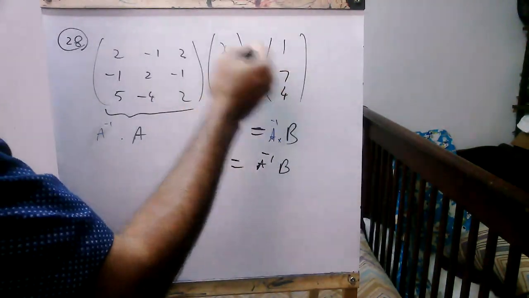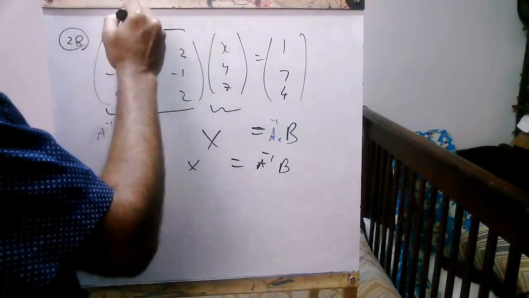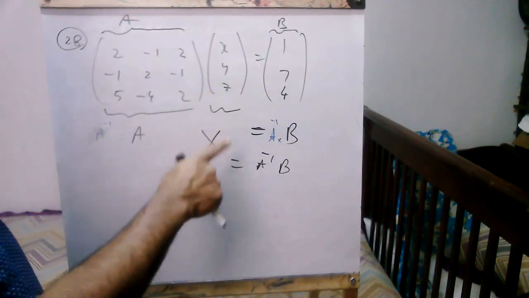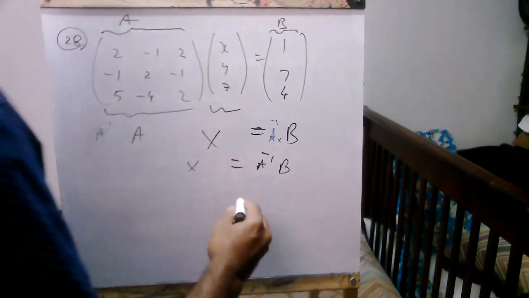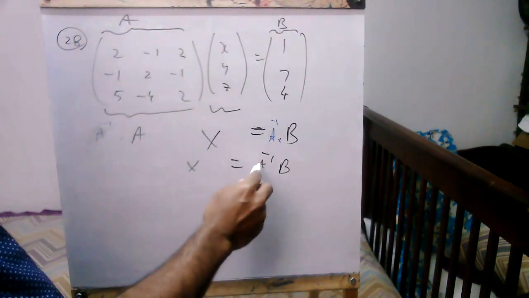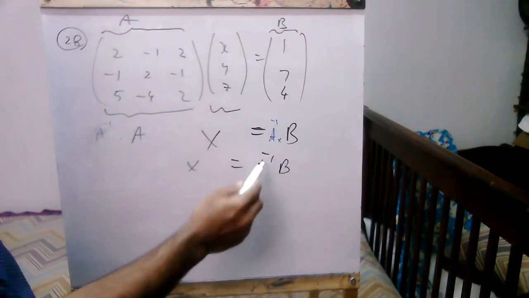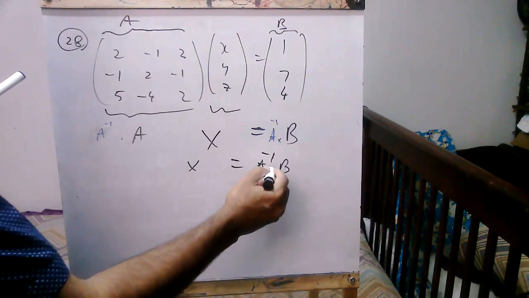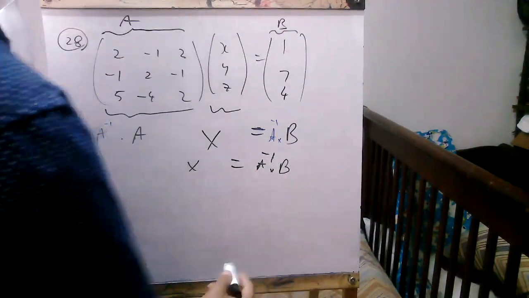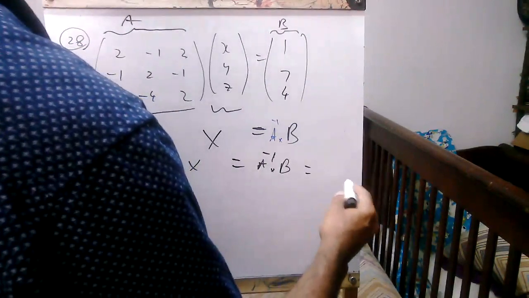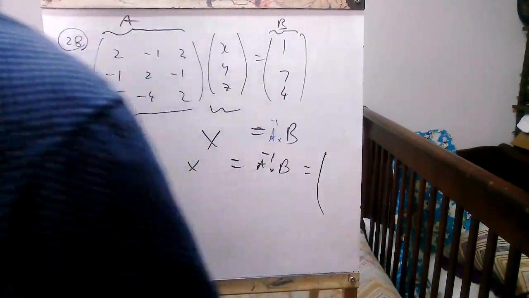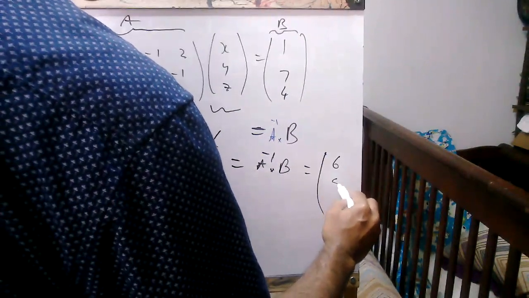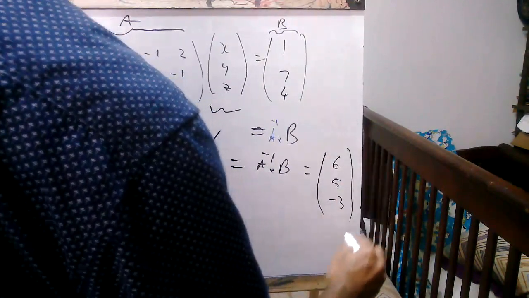This is your A, and this is your B. Then after you enter, you simply find A inverse B. When you type A inverse, you type A to the power negative 1 times B. Then you get this answer: 6, 5, negative 3.